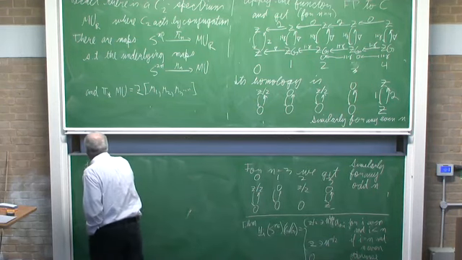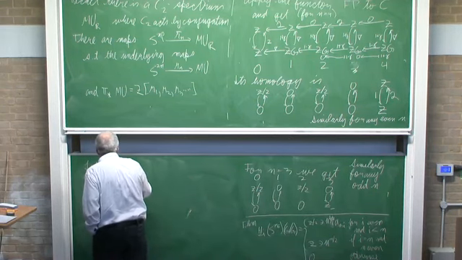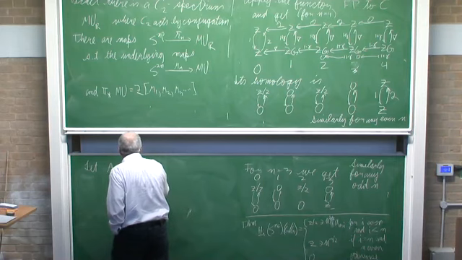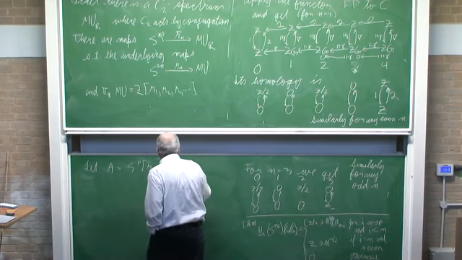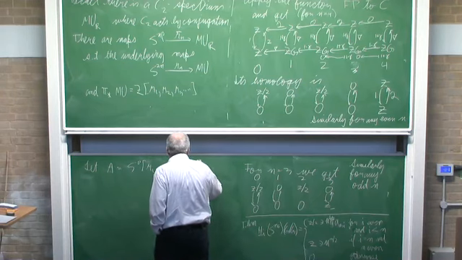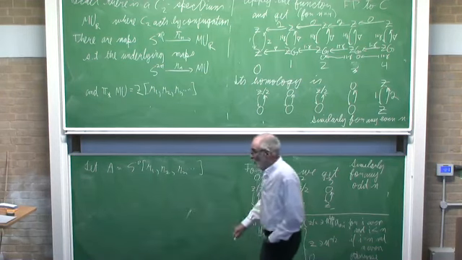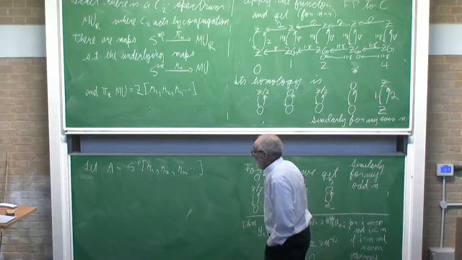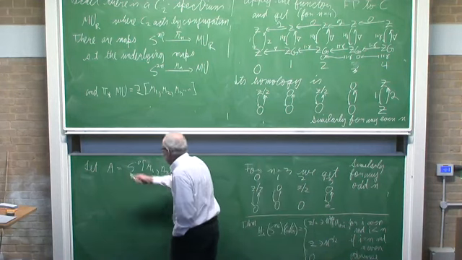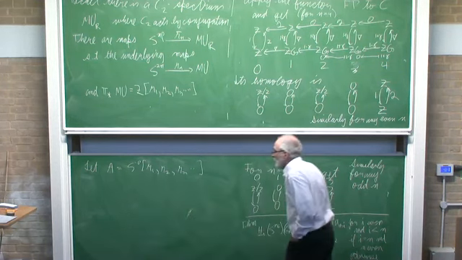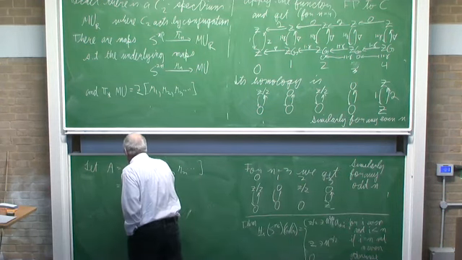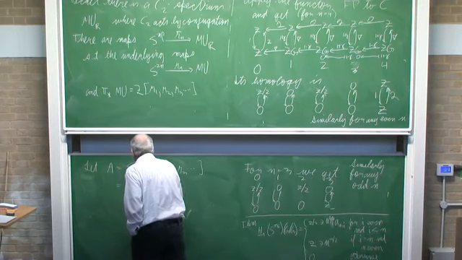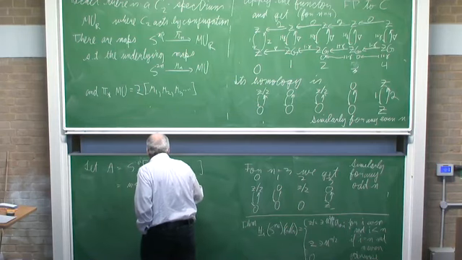Let A stand for, now this is notation, it's going to sound a little peculiar at first. So this looks like a polynomial algebra. This is my notation for the sphere spectrum. So what I mean by this is an appropriate wedge of spheres.